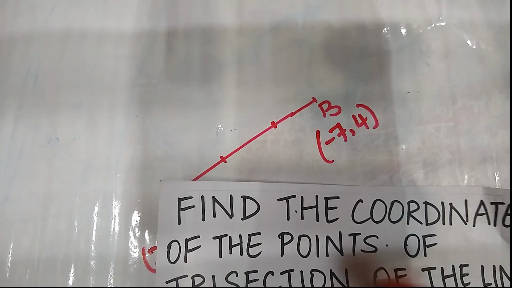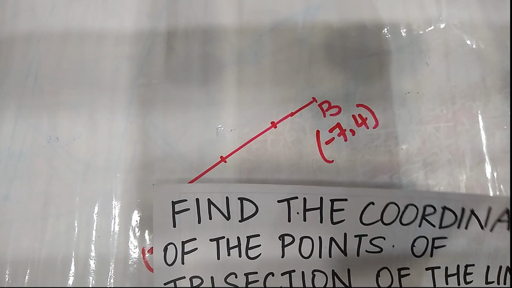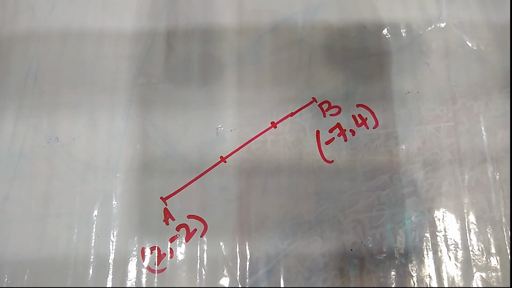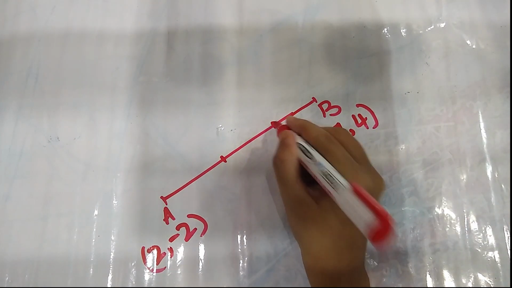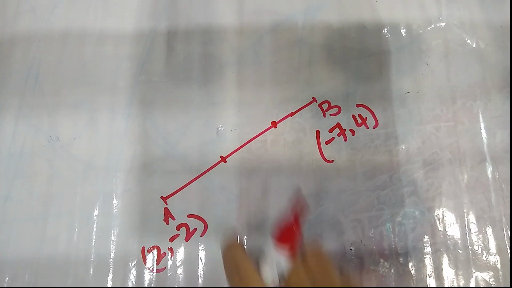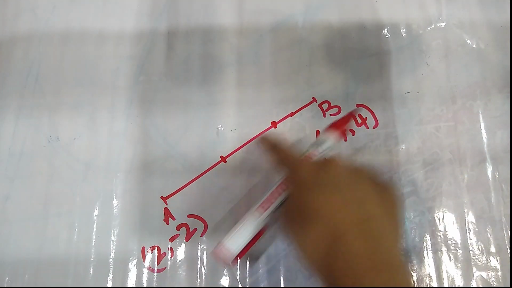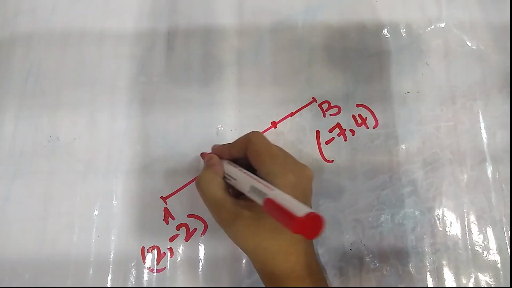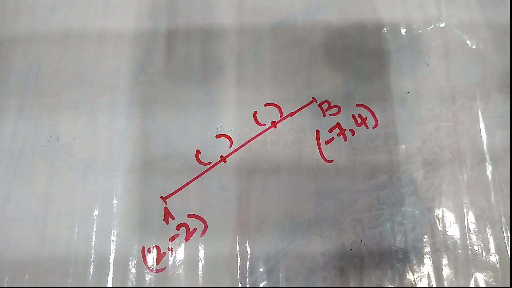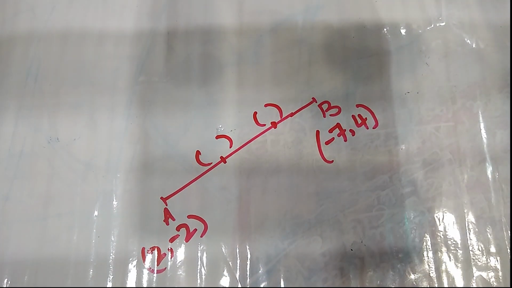Find the coordinates of the points of trisection of the line segment joining these 2 points. So there are these 2 points, right? These 2 points will divide this line into a trisection, right? So these 2 points will have certain coordinates, and that is what we have to find.